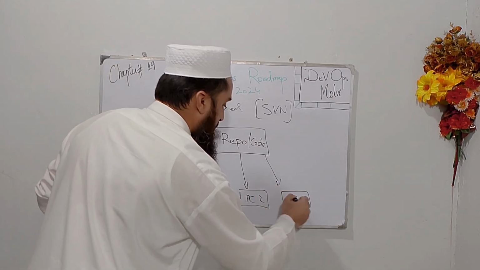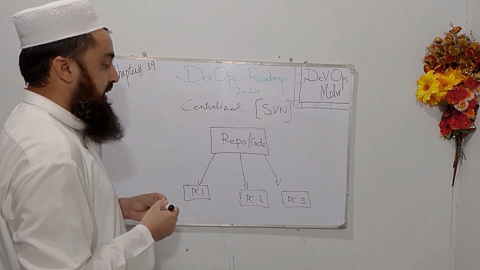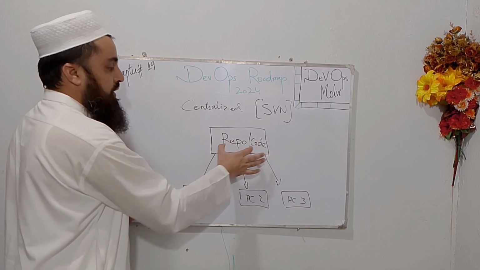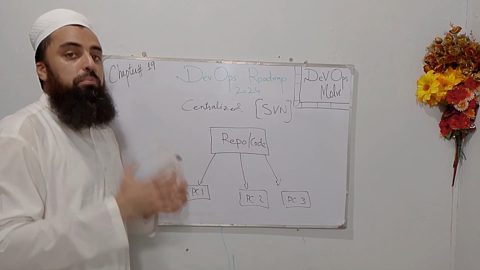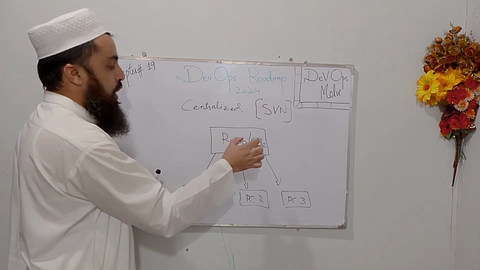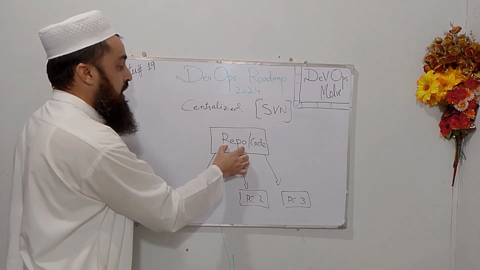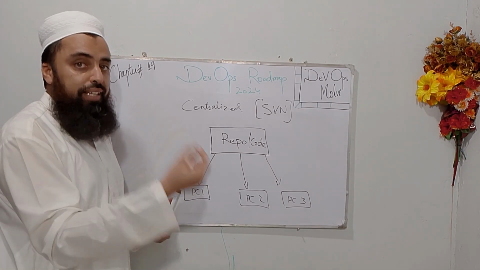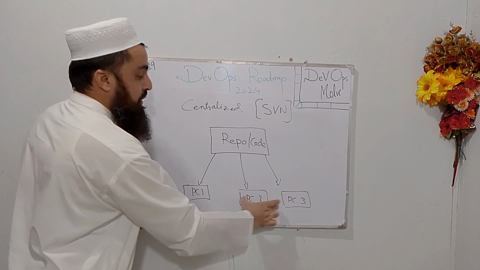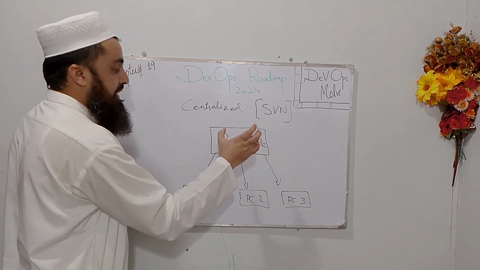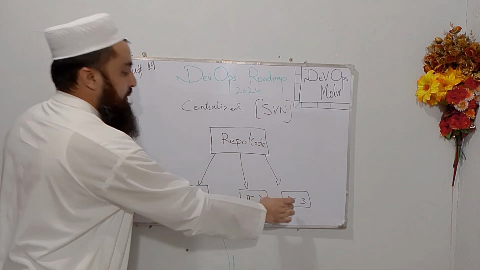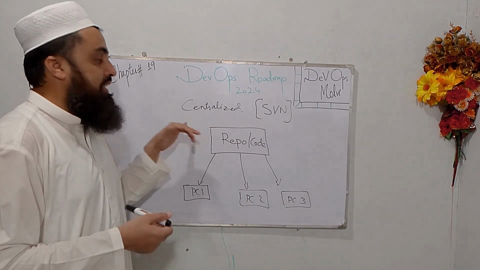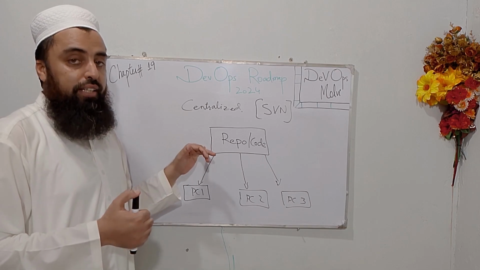But the problem is that they are writing the code which is stored in a single centralized location. We don't have multiple copies of our project, of our repository, or of our code on multiple locations. The location is one. The location is centralized, and the developers access that code from their personal computers, from their PCs, to write and make some changes. And that's why this approach is known as centralized version control.